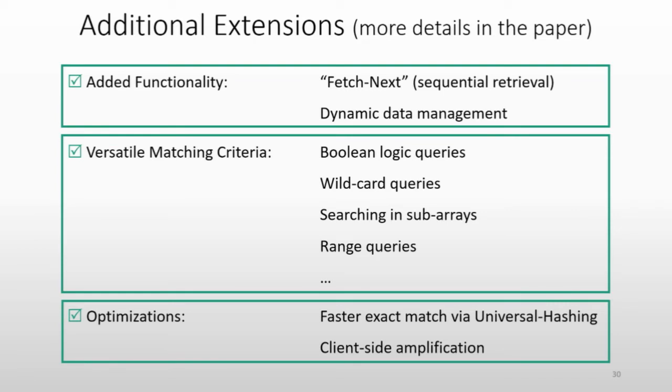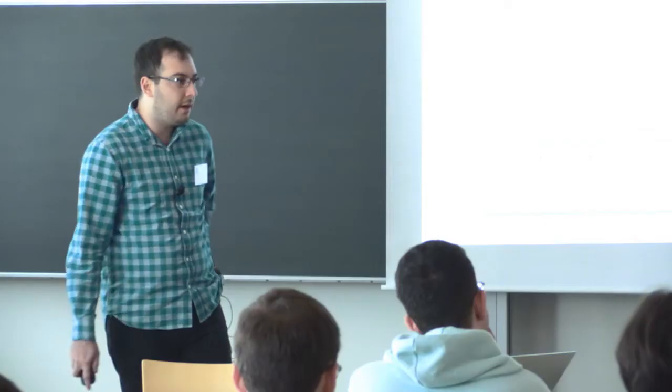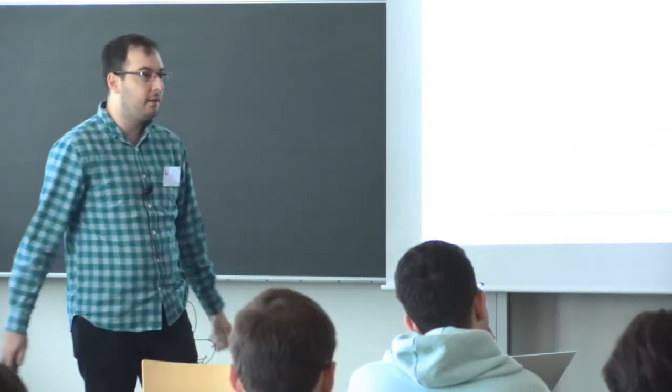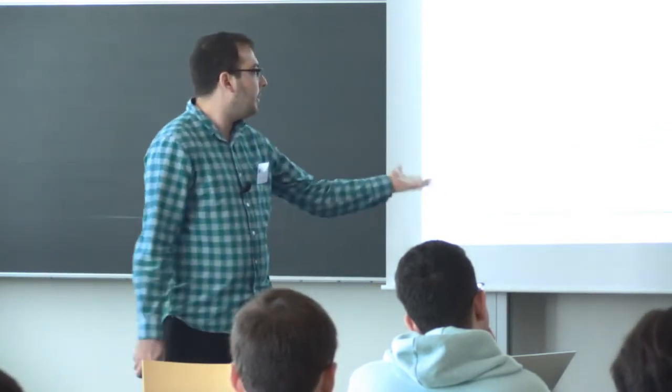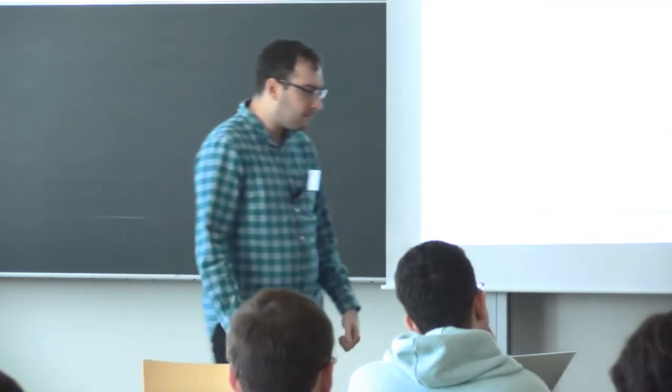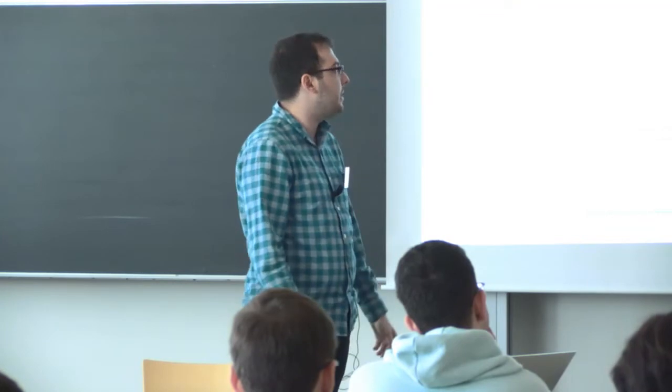For example, how we can do Boolean logic queries, wildcard queries, searching in subarrays, and so forth. And we presented several optimizations. For example, how we can do faster exact matching with a tool that is universal hashing plugged into the matching criteria. And also how we can do client-side amplification as an optimization.